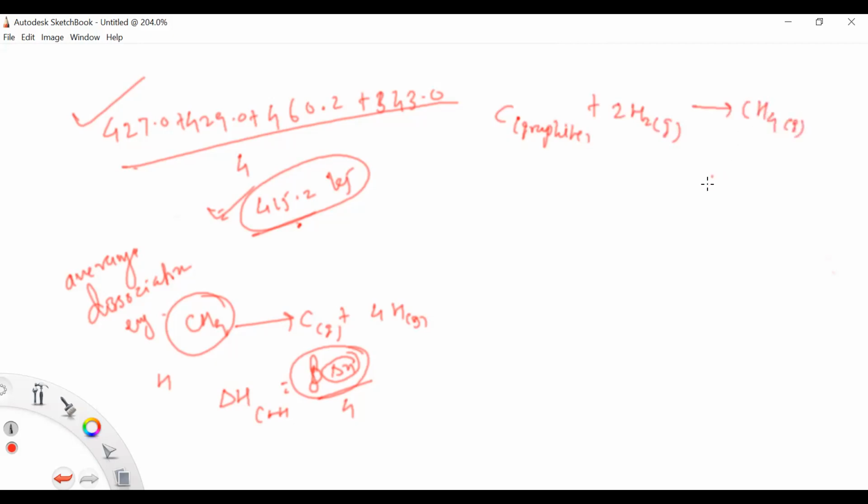So for the formation of this CH4 methane molecule, it requires the heat change or enthalpy change, that is minus 74.9 kilojoule.